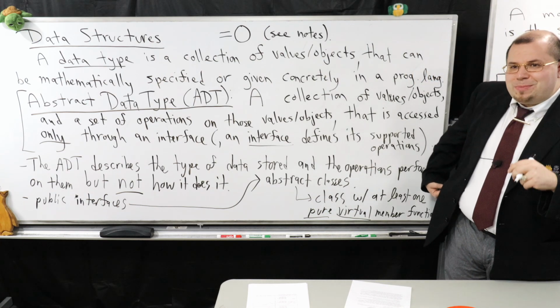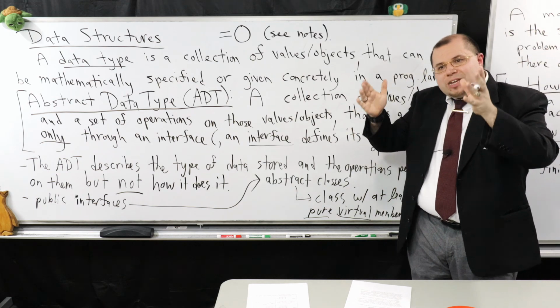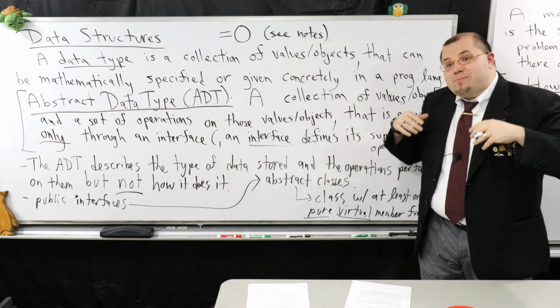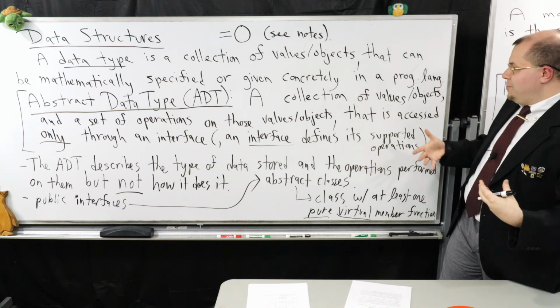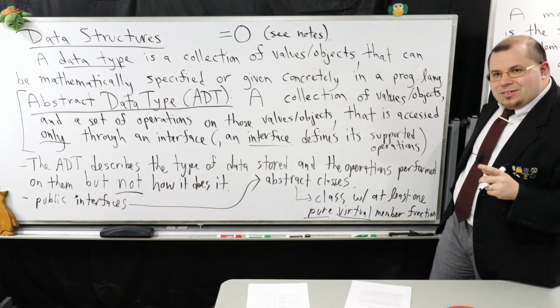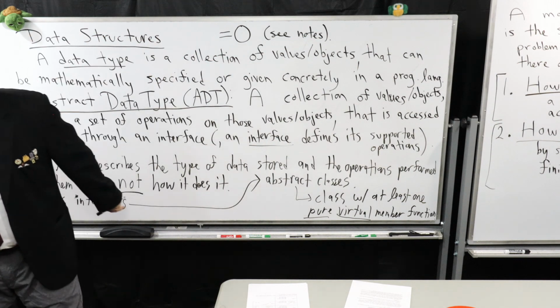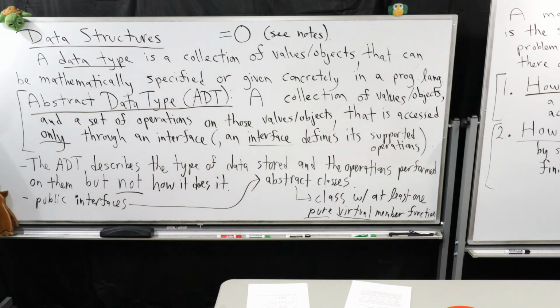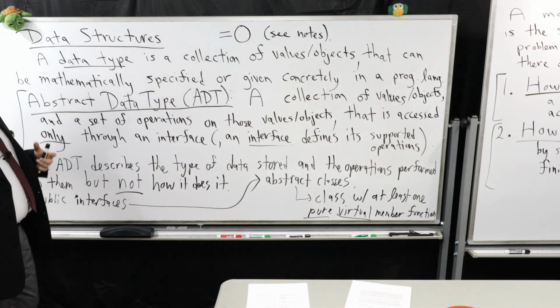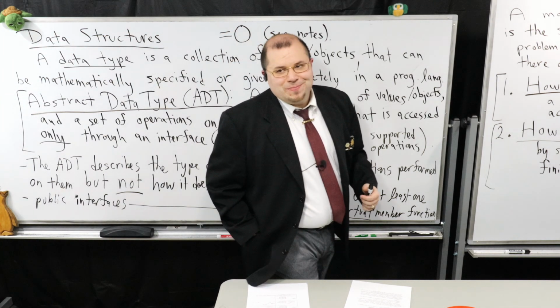Okay, so question about public interfaces. Actually, if it helps at all, let me show you the example first. It may help you understand why we might define data structures in terms of these ADTs. So remember, the idea here is I would like to have some formal way to define a data structure for you.